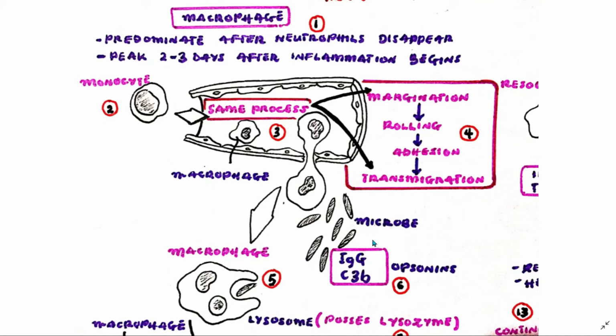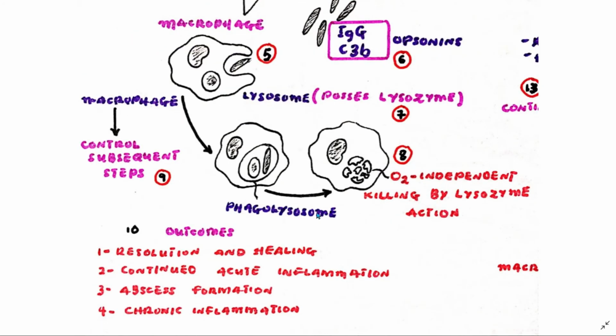The macrophages then ingest the organisms via phagocytosis, augmented by opsonins, and then they destroy this phagocytosed material using enzymes from the lysosome. Basically, the lysosome produces lysozyme, which is the enzyme used to destroy the phagocytosed material.